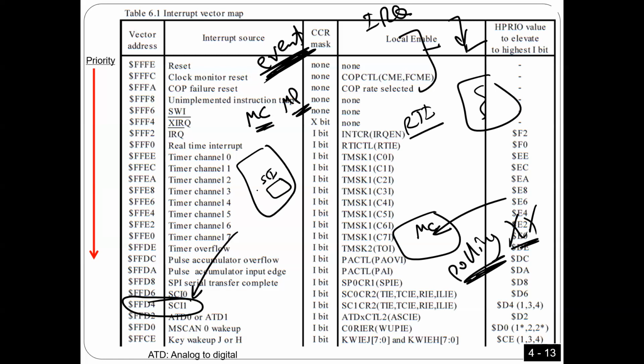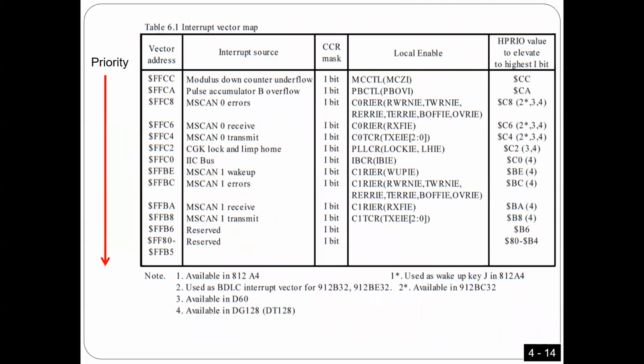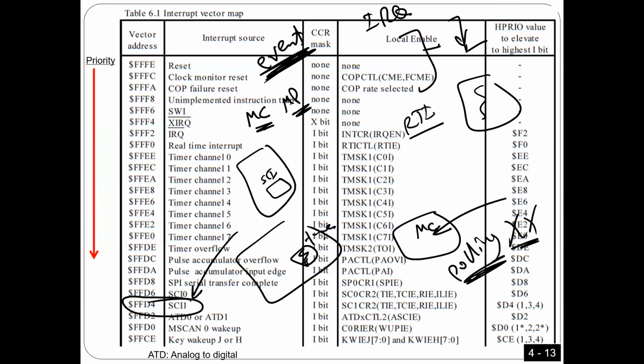Same thing I'm going to say in chapter number 5: there is another circuit for timer. That's why we call it the timer system. So there is some hardware related to the timer. Also, there is hardware related to the serial communication and other things here. For sure, we are not going to teach everything in this course, but now I'm focusing on the serial communication. So there is some hardware circuit for the serial communication.